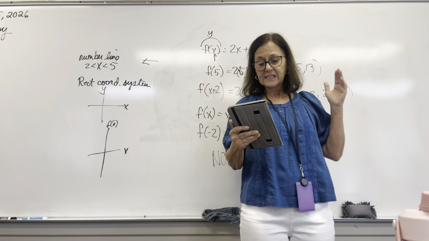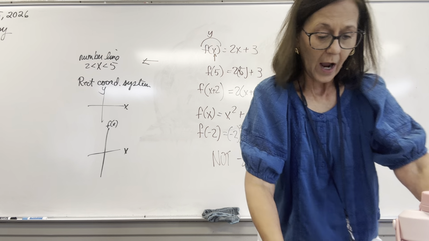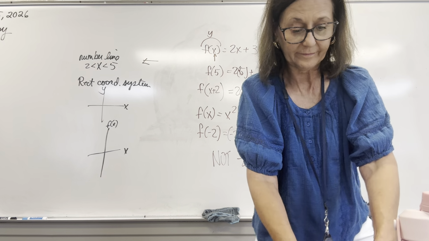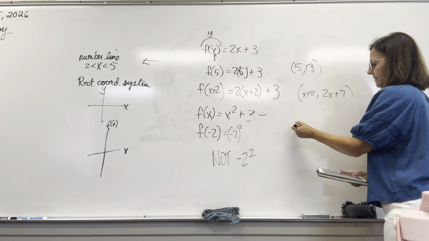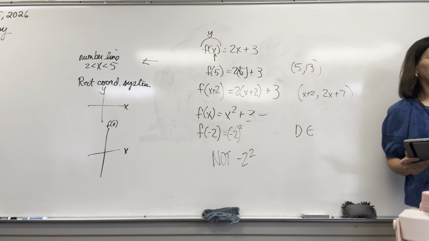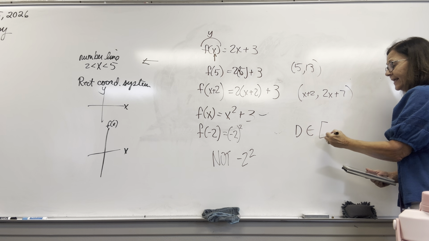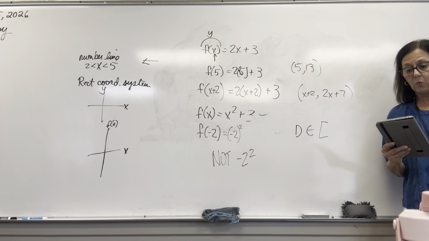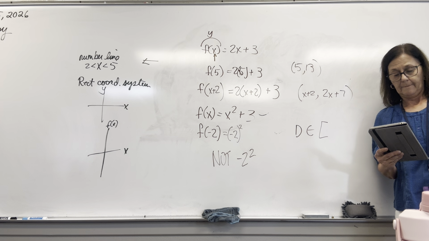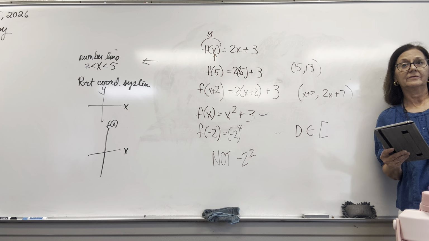Okay, if we were to state the domain of that function, what would the domain be? Let's write it in interval notation. Okay, because we have closed intervals, we're going to start with the bracket. That means it includes. So what's the smallest x value? Graph. Smallest x value.